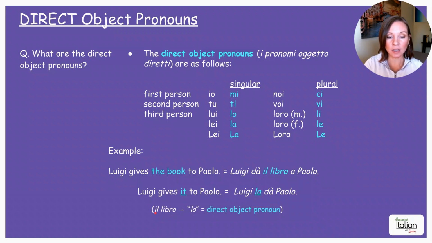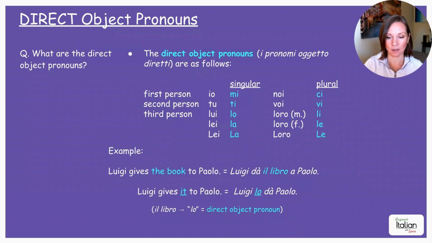And in this case, il libro is replaced by the direct object pronoun lo. Okay, so because il libro is third person singular and it's a masculine noun, okay, il libro, we replace it with lo. Okay, so instead of Luigi dà il libro a Paolo, it becomes Luigi lo dà a Paolo.